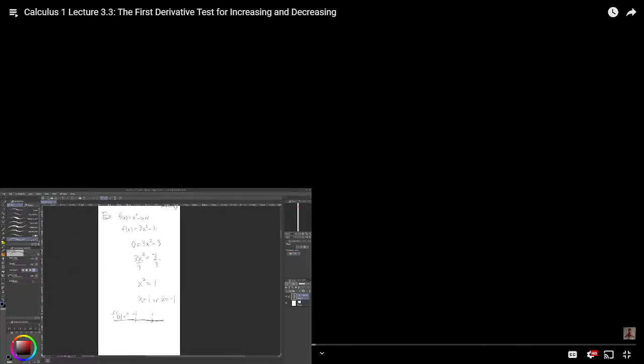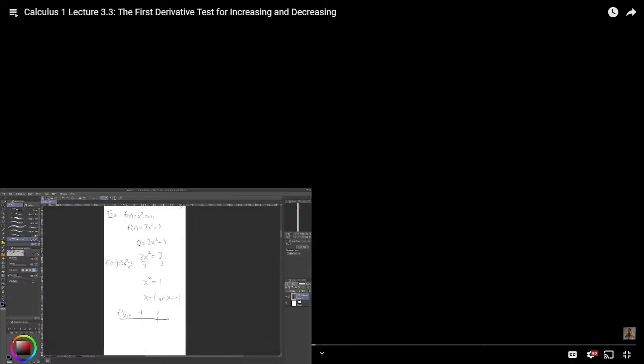Plug into the original function, f prime of x, or f prime of negative 1. Okay, it's going to be the same thing because x is being squared.